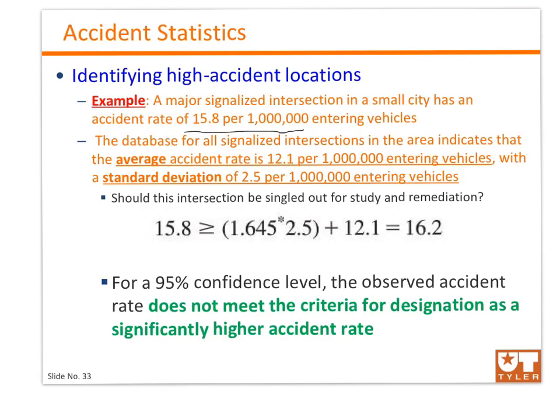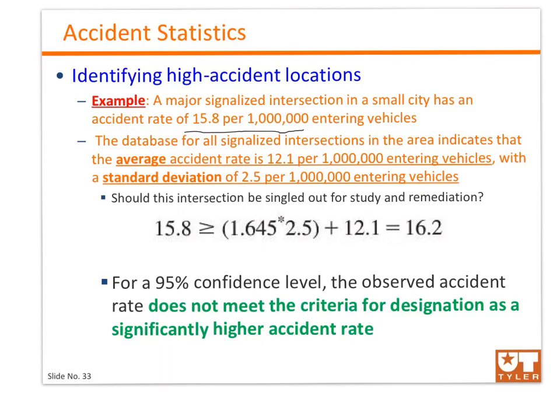The database for all signalized intersections in the area indicates that the average accident rate is 12.1 per 1 million entering vehicles, with a standard deviation of 2.5 per 1 million entering vehicles. And the question here is, should this intersection be singled out for a study and redefinition?